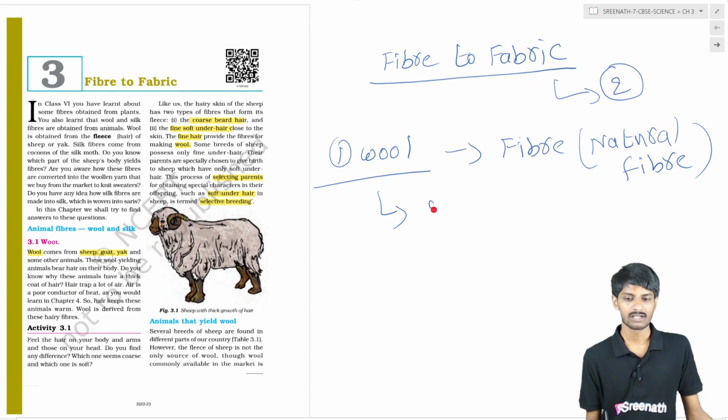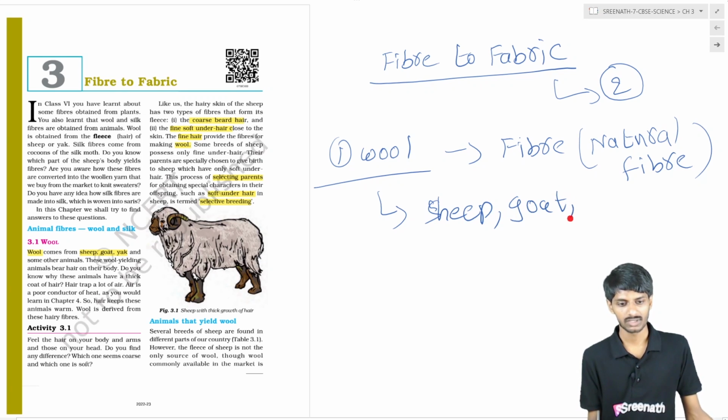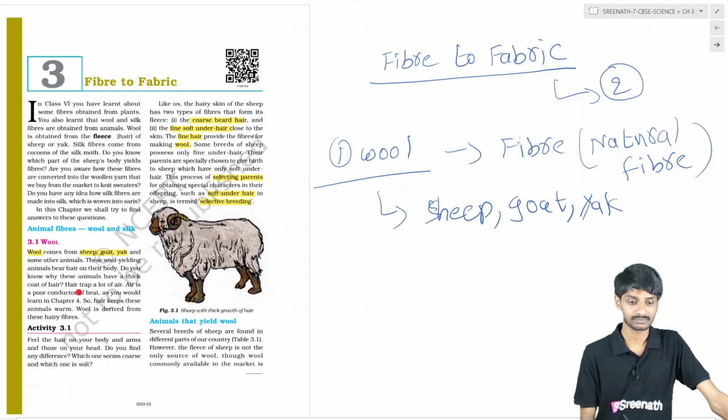Basically from sheep, goat, and yak. If you see, wool is of different types, which means some is coarse beard hair and some is fine soft underhair.